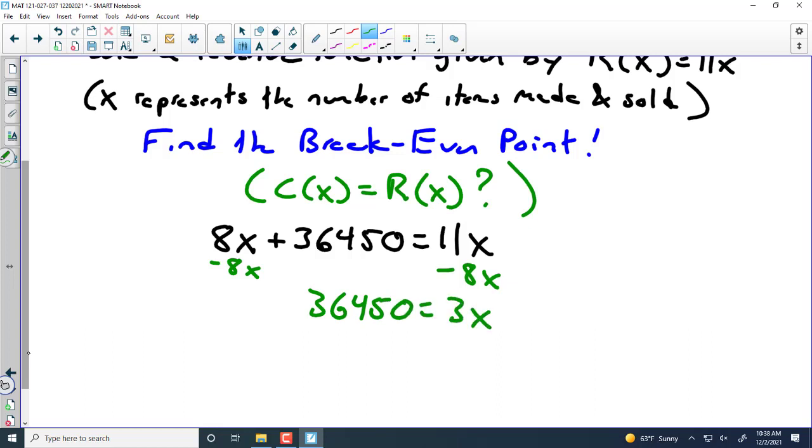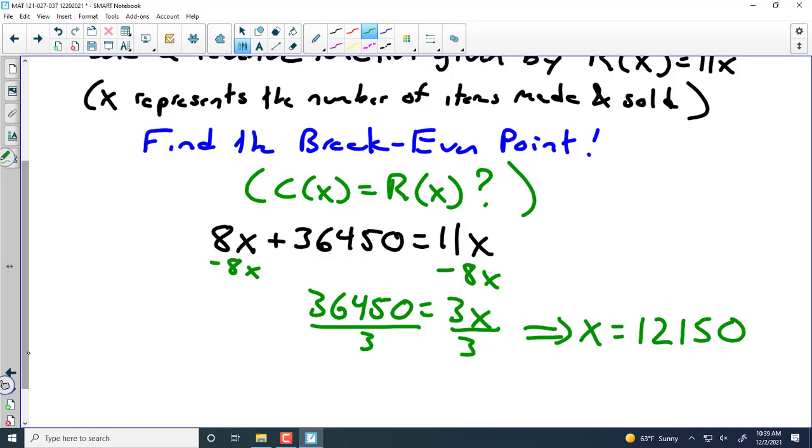And then divide both sides by 3. And if you do that, you'll get x equals what? Anyone packing heat today? 12,150. Okay.